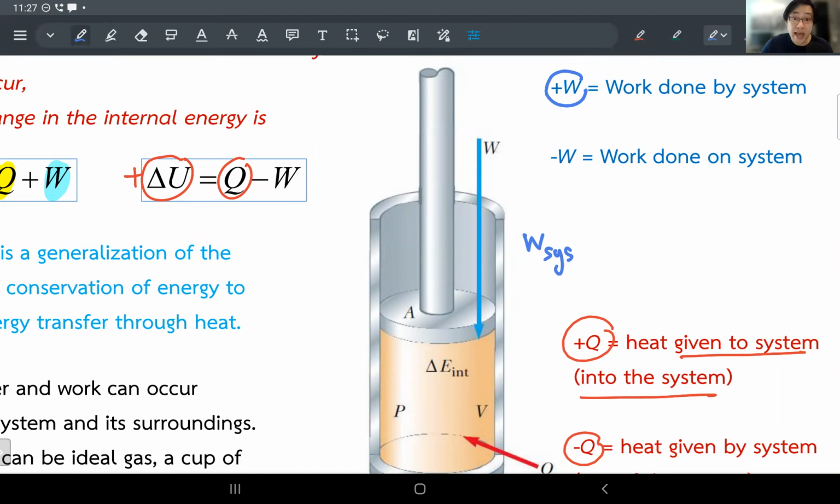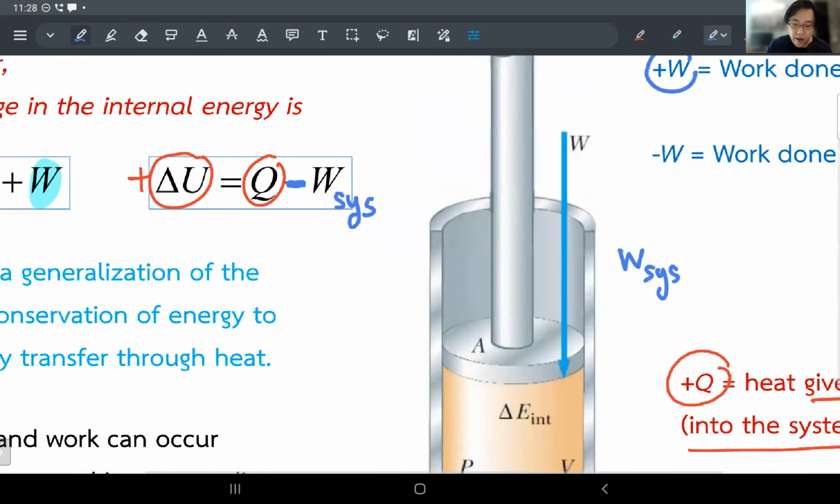With me? Because I have to spend my energy to do that work. So that is why I need the negative sign in front of the W of the system. Because positive work done by the system will have a negative effect on the delta of the internal energy. You guys with me? Okay. And that concludes this expression right here.